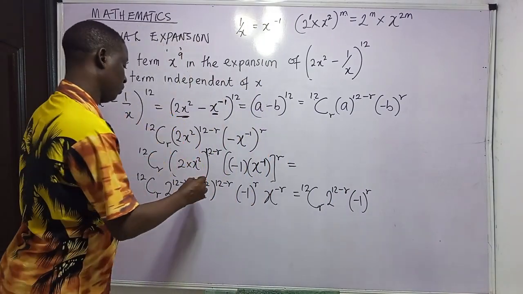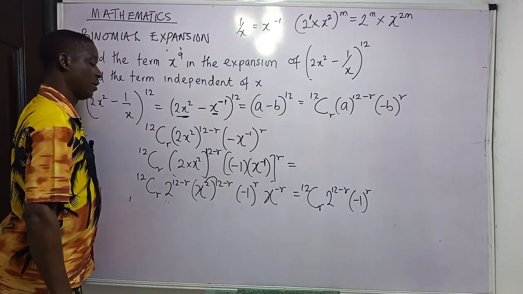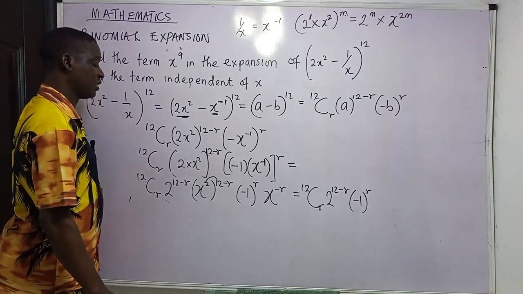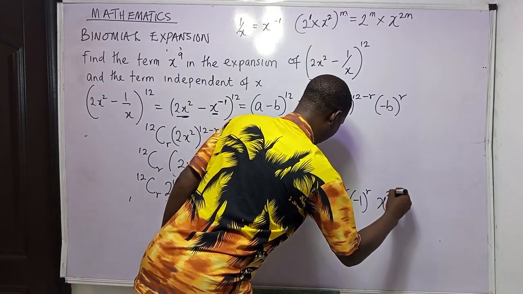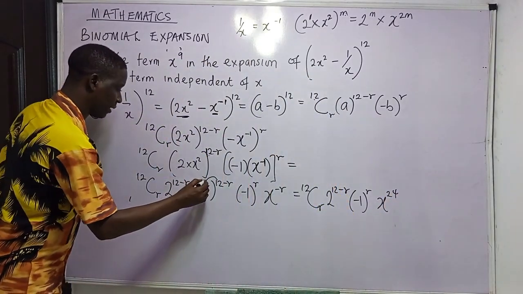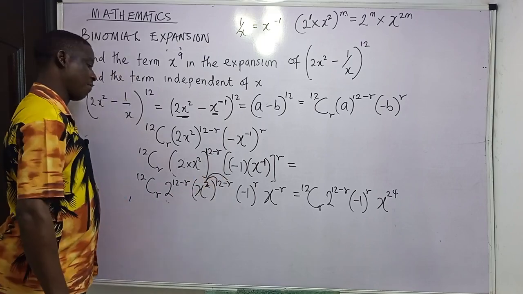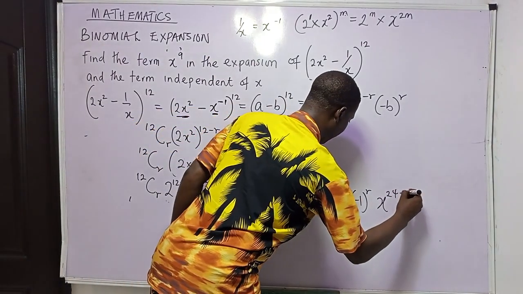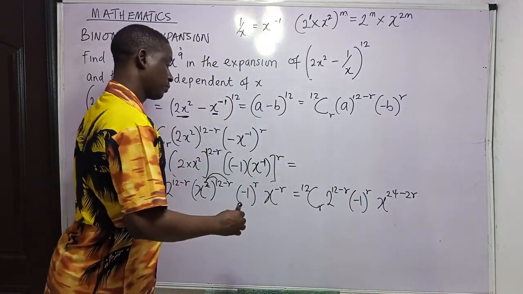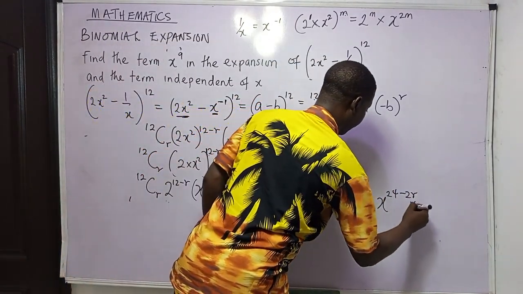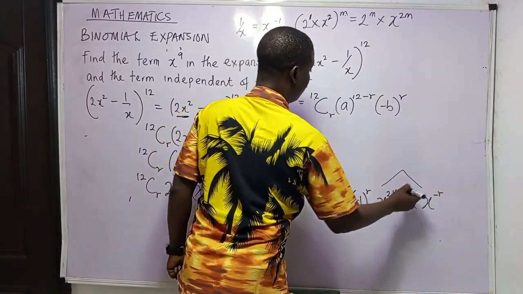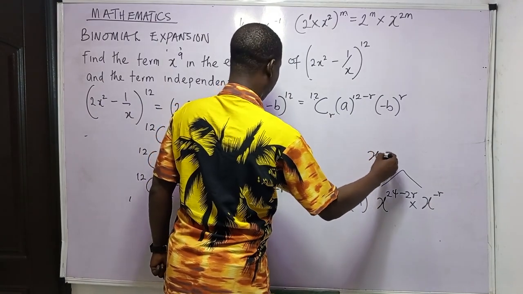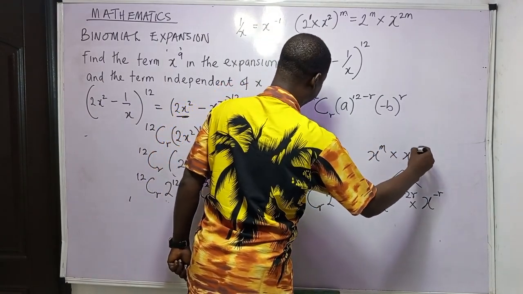Then this one will be: 2 times 12 is 24, so I would have x to the power 24, then 2 times r minus r, which is minus 2r, then times x to the power minus r. If you apply indices to this one, x to the power m times x to the power n.